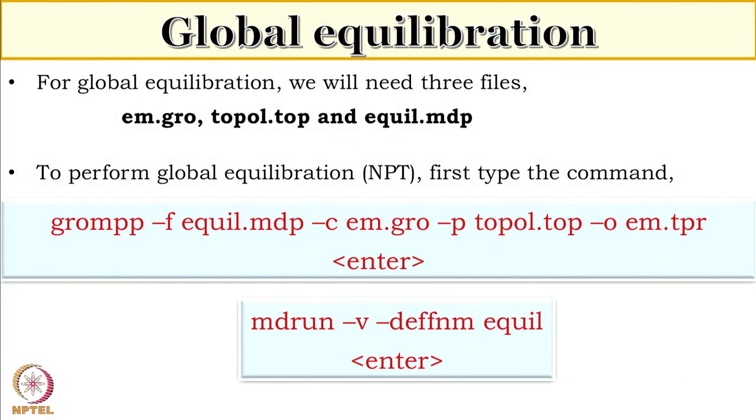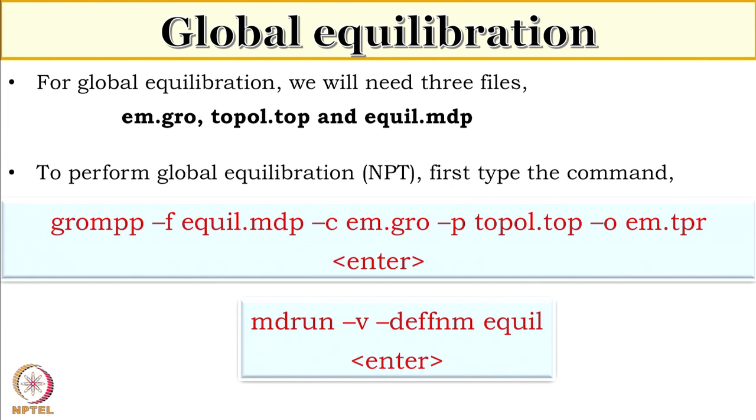Once you have the MDP file, em.gro and topology file, we'll again generate a TPR file here. The command we'll use is grompp -f equal.mdp, which is the molecular dynamics parameter file for my equilibration in NPT ensemble, then -c em.gro, that is my energy minimized configuration, then -p topol.top, the topology file, then -o equal.tpr.